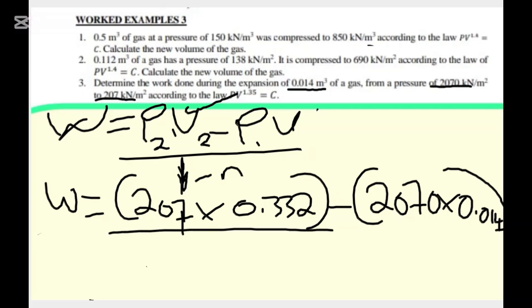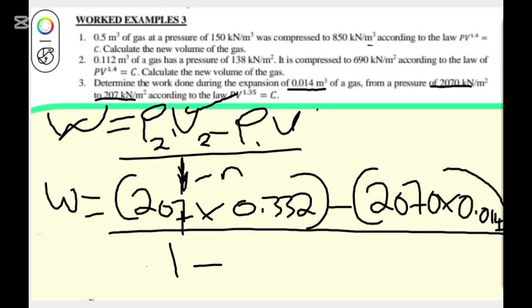Then I divide by 1 minus the value of n, which is 1.35. Let me press it and see what I get.